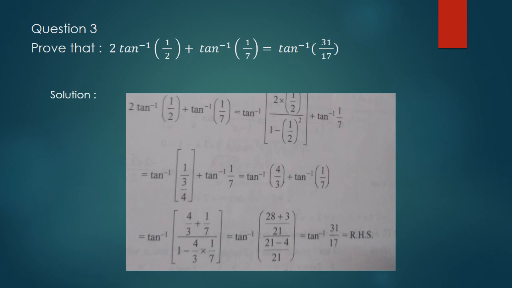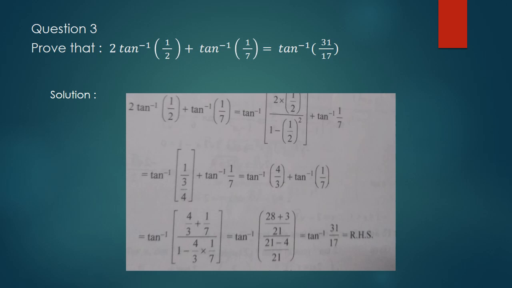So here is the solution. 2 tan inverse x, first it will be converted in the form of tan inverse by using the formula of 2 tan inverse x, which is tan inverse 2 into 1 by 2 upon 1 minus 1 by 2 square, which will be equal to tan inverse 1 upon 3 by 4. On doing reciprocal, it will be tan inverse 4 by 3.